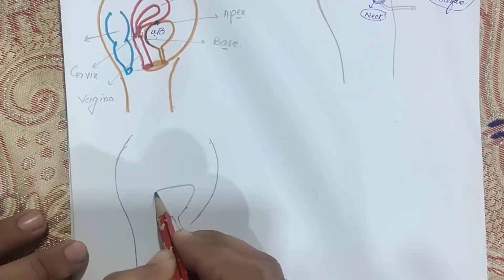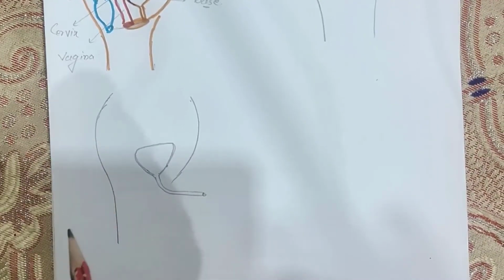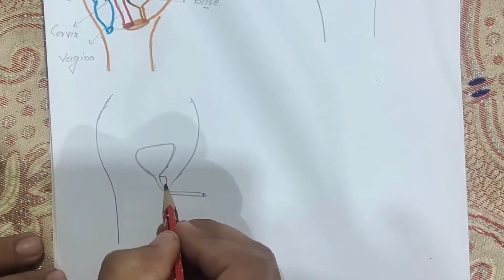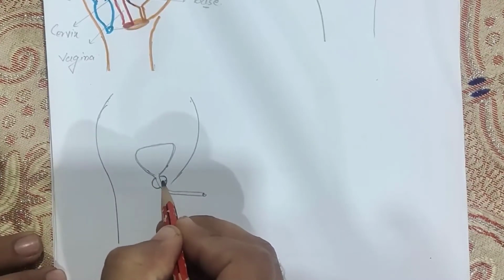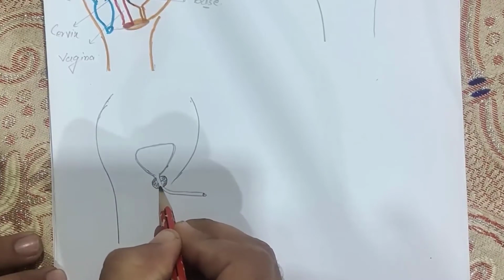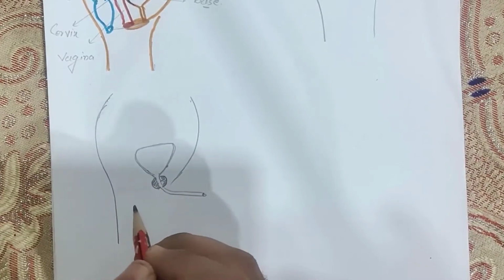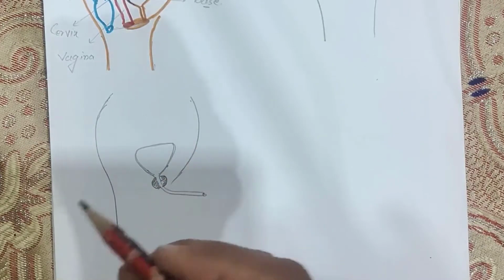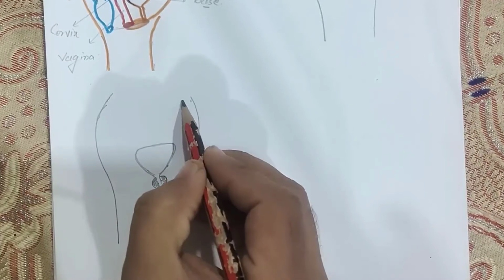Okay, now this is the urinary bladder. Look carefully what structures we should know here. Here is the prostate gland, you know that this is the prostate gland. The prostate gland comes in relation to the neck of the urinary bladder in case of male, right? Then what is there above the urinary bladder in case of male?